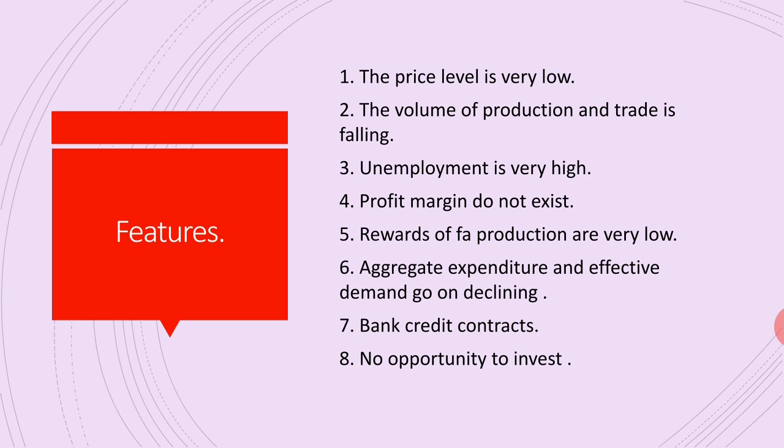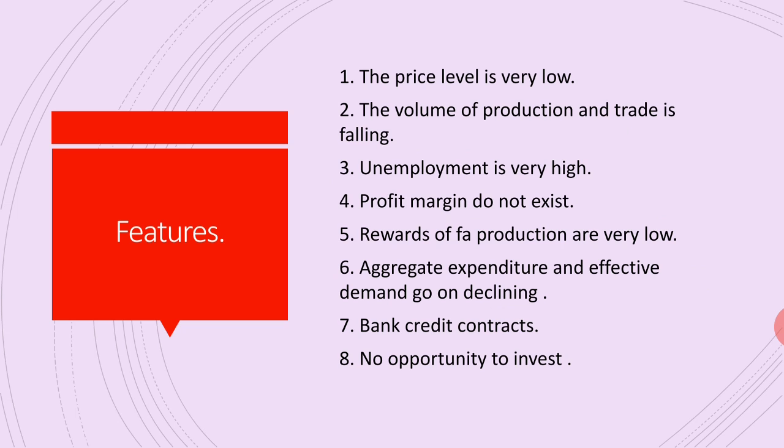Aggregate expenditure of the economy is declining. No one is ready to spend their money on goods and services because their income is less. So effective demand of the economy goes on declining. When expenditure is declining, definitely effective demand is also declining. When there is no swing in the economy, banks contract their credits.